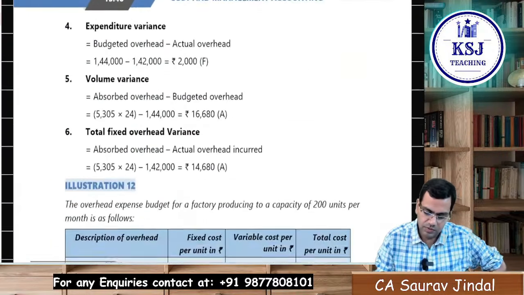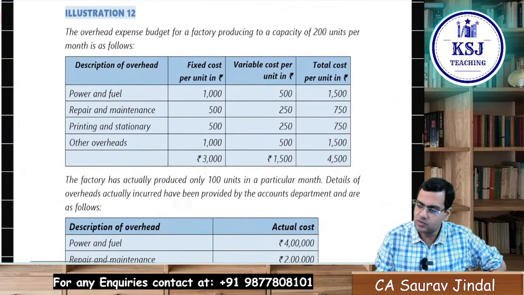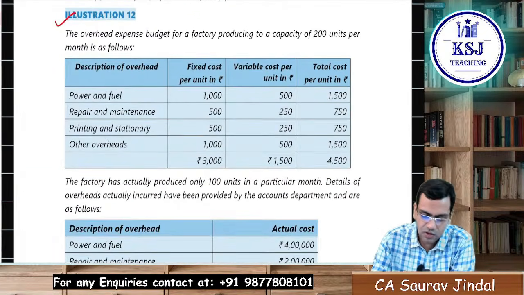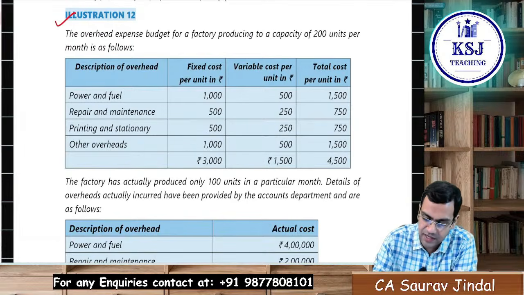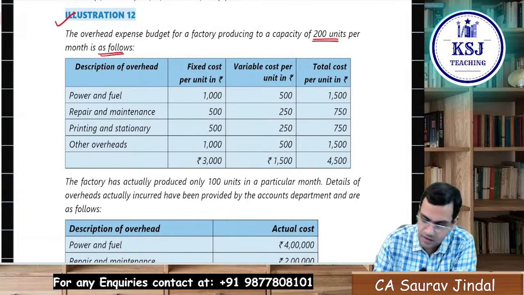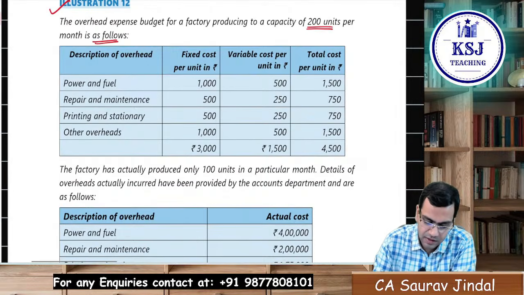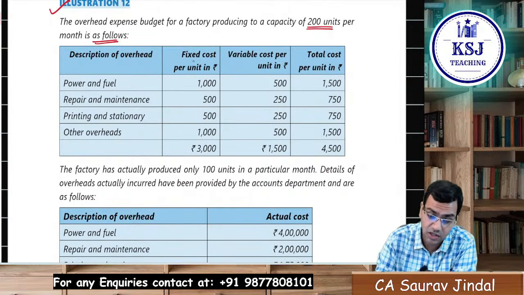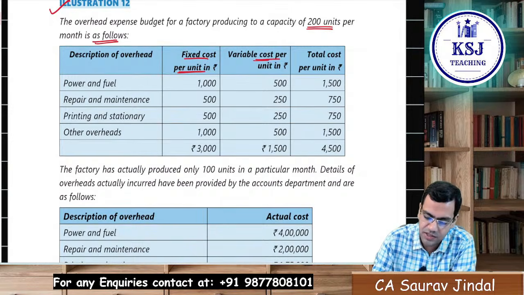Let's move on to illustration number 12 now. The overhead expense budget for a factory producing to a capacity of 200 units per month is as follows. Description of the overhead is given: power and fuel, repair and maintenance, printing and stationery and other overhead. Fixed cost per unit is given in rupees and variable cost per unit is given to you, total cost per unit.